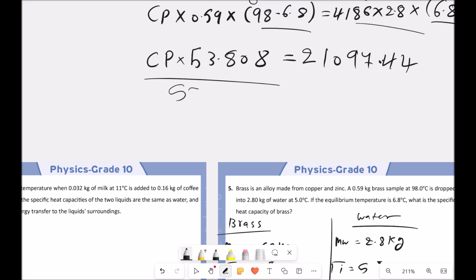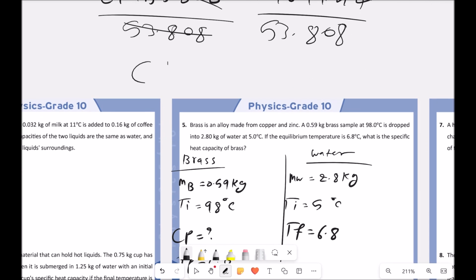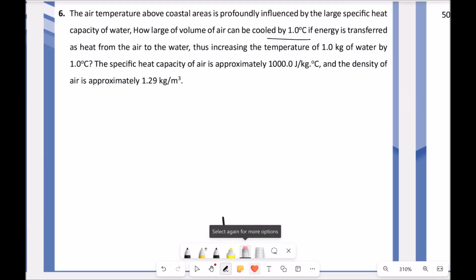Divide this by 53.808, divide this by 53.808, it cancels. Cp for the brass is going to be 392.08 joule per kilogram per Celsius.